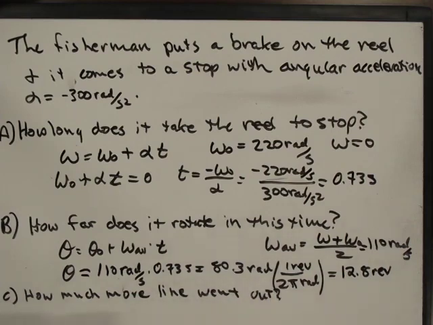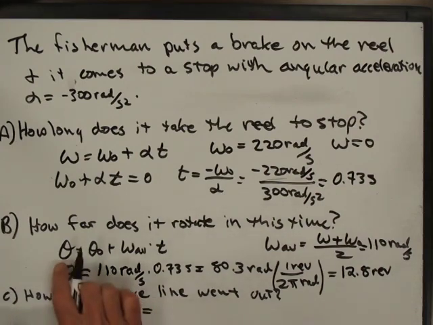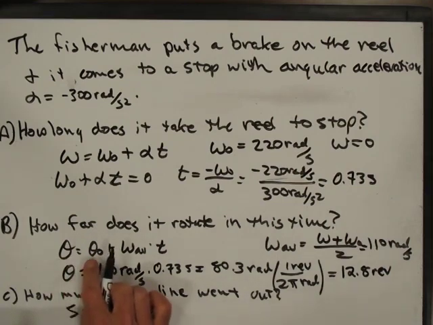We can also ask the question, just like we did before, how much more line went out while this thing was coming to a stop? And we just said the arc length is equal to the radius times the change in angle, or the angle. In this case, I'll just call it theta because delta theta is the same as theta. Theta minus theta naught is delta theta, but theta naught is 0.